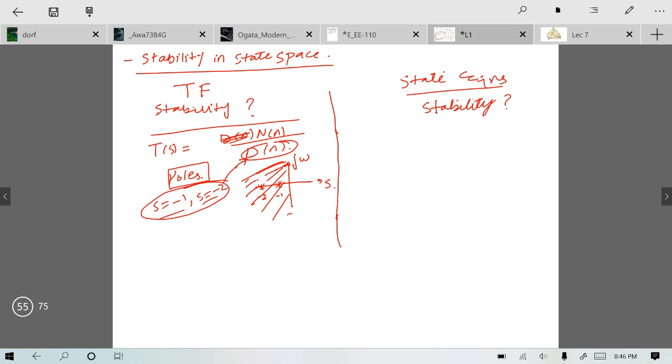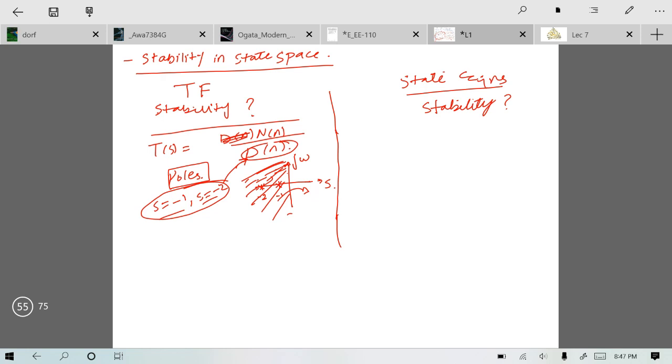If for any value of the damping ratio the poles remain in the left half plane, then you can say that your system remains stable. And if for any value of your damping ratio the poles move to the right half side, then you can say your system is unstable. So this is the stability. In this way you can find the stability when your transfer function is given.